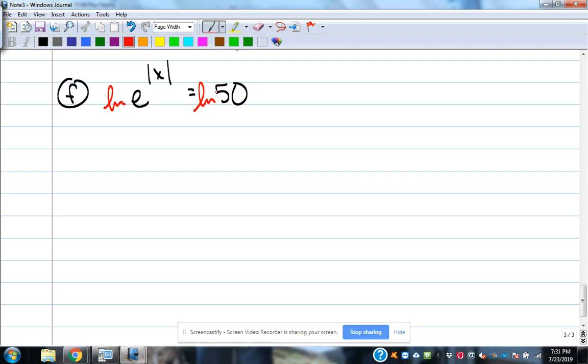And when you do that, remember natural log is log base e, so if I take the natural log of e, it's equal to 1. So we really end up with absolute value of x is equal to the natural log of 50.